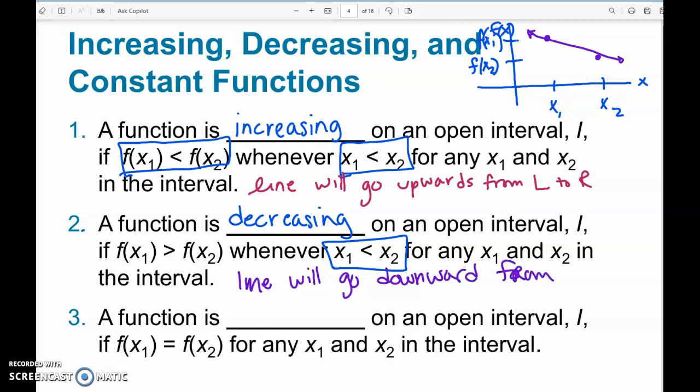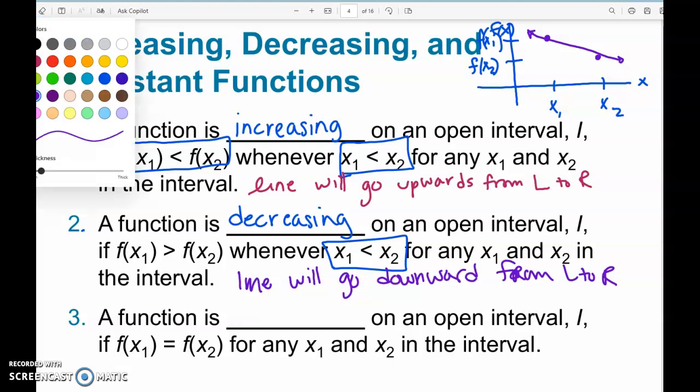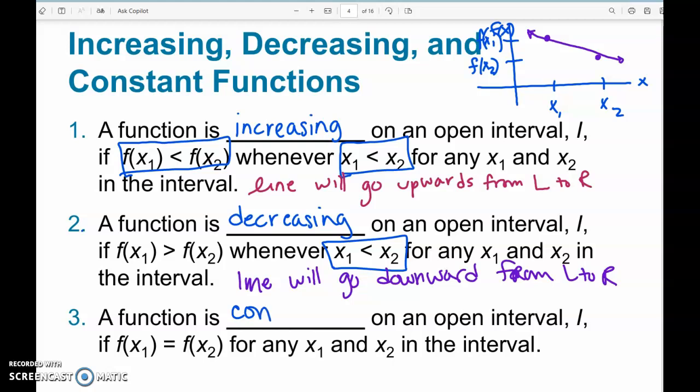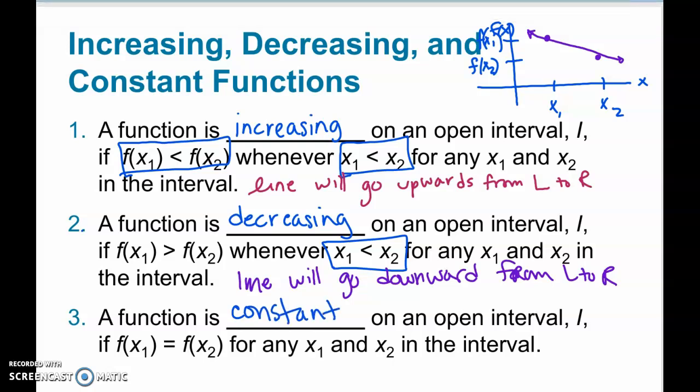from left to right. And the third case is if a function is constant. If a function is constant on an open interval I, then the outputs are equal for any x sub 1 and x sub 2 on the interval. So that means they don't even tell us which one is less than.